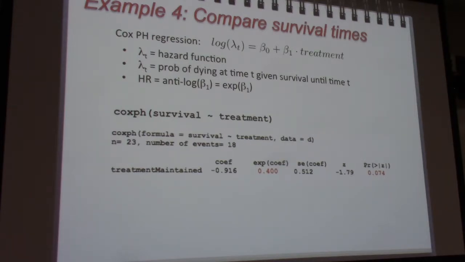And I will just mention, for completeness' sake, that we have assumed that the risk of dying is the same at all time points. That's the proportional hazards assumption. That's why it's called the proportional hazards model. Five years ago, you could publish a paper and you would probably get away with it if you said, I assume that proportional hazards applies. In this day and age, reviewers are getting more clever.